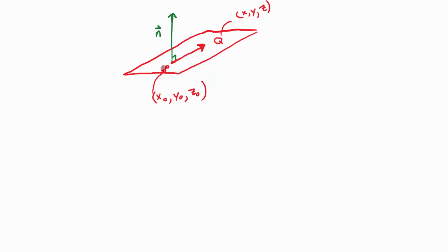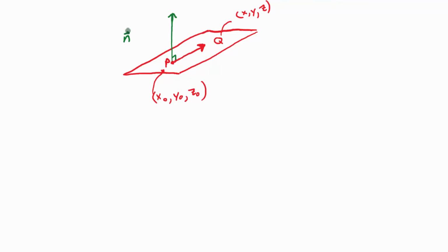Okay, so how can I use a normal vector and a point on the plane, this point P, let me draw that a little bit bigger, to find the standard form of the equation? Well, let's do this. Let's give the normal vector some coordinates.